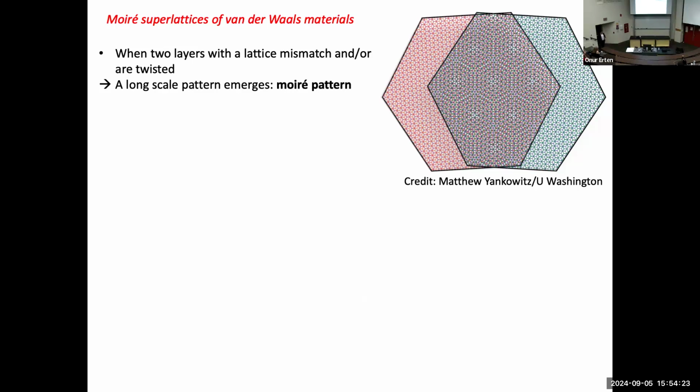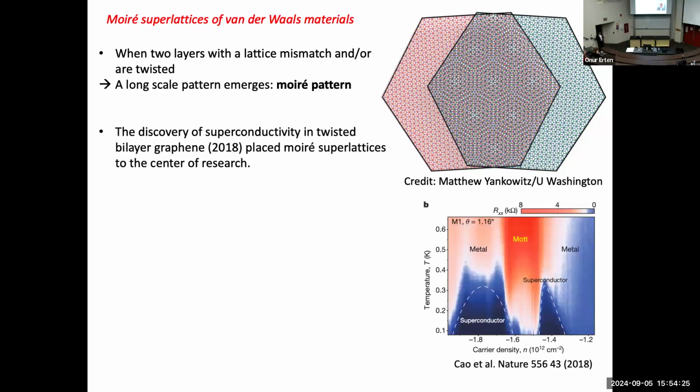And the reason I'm telling you about this is that in 2018, researchers at MIT observed unconventional superconductivity if you take two layers of graphene and twist them. In this case, this is the carrier density, which you can change by gating. And you can see that there is a Mott insulating phase, which is a strongly correlated insulating phase.